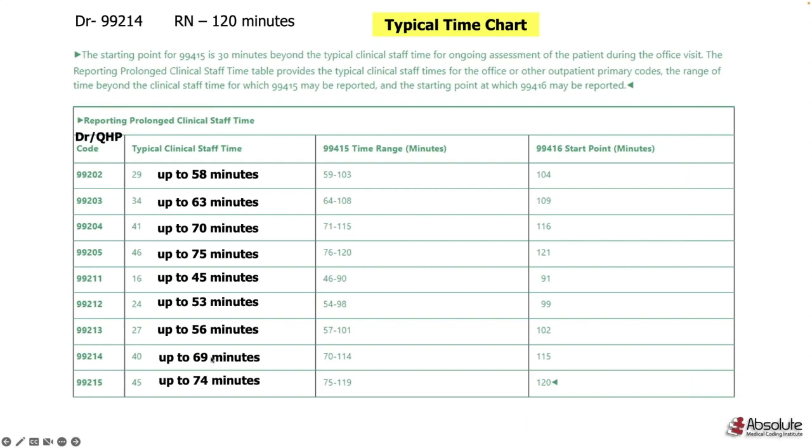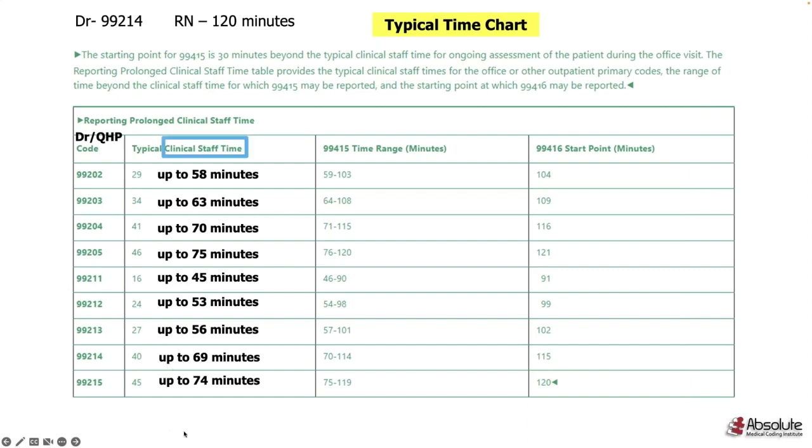If she goes over 69 minutes, which is 30 minutes beyond the typical time, if she goes to 70, then she's entitled to code for prolonged services. But she didn't just go over to 70. She went 120 minutes. So let's see where that is. That falls over here. She can use both.